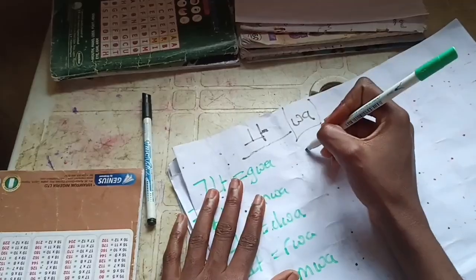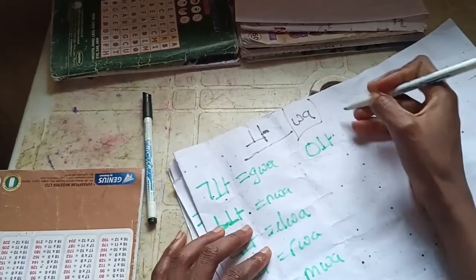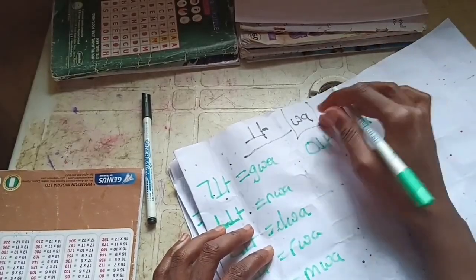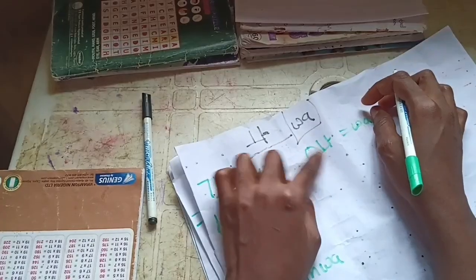SWA. And then we have just WA. Remember, it takes the vowel sound and it is soundless.